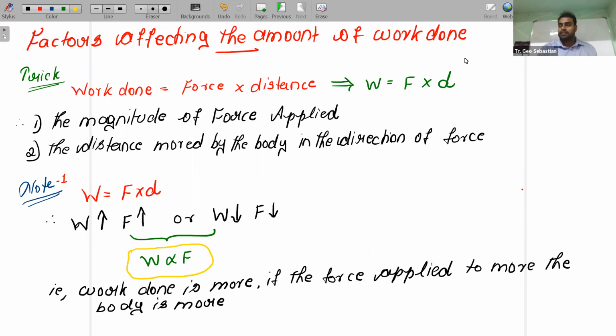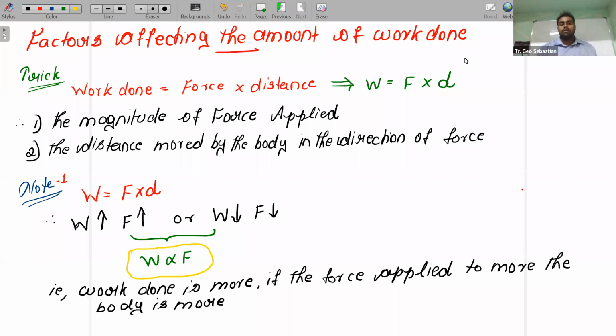So in this example, we understood that when force increased, the work done increases. But the person traveled the same distance, right? To the second floor only. So when the distance is the same and the force applied increases, then work done will be more.